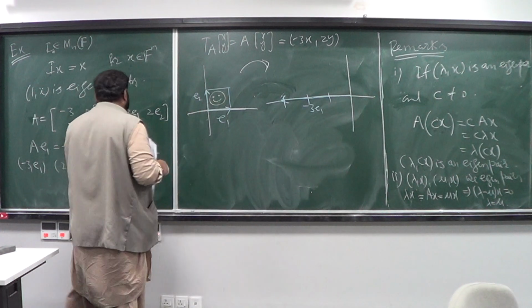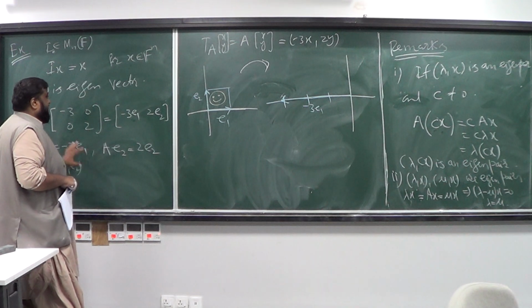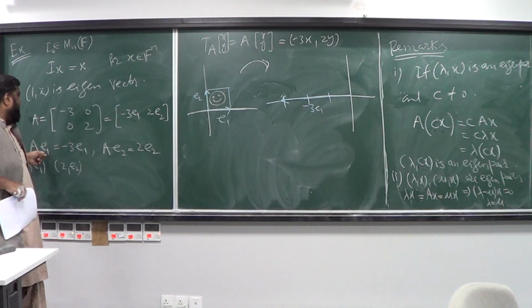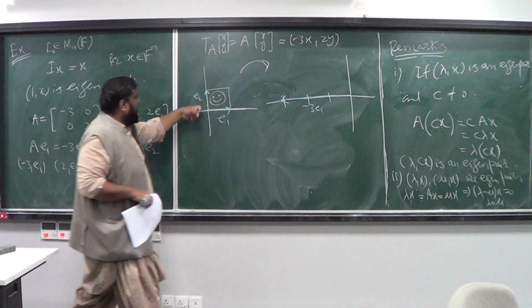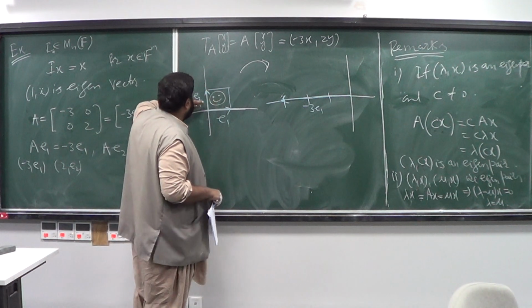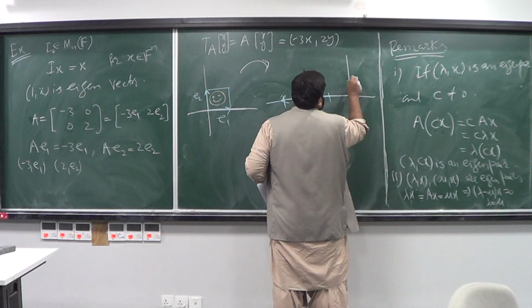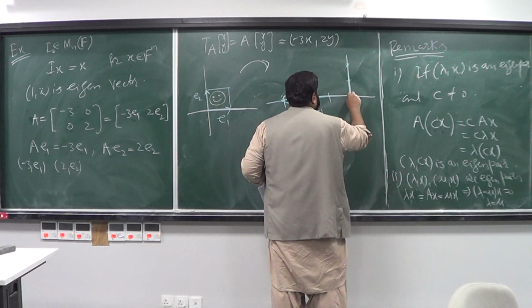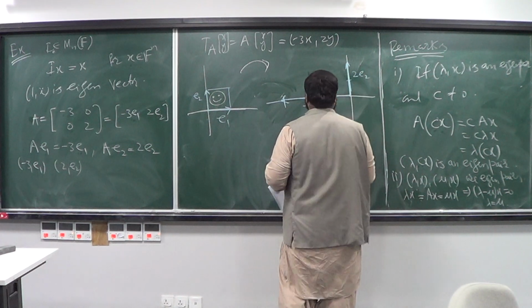So under the matrix A, or under the transformation TA, E1 is transformed into minus 3E1, and E2 would become the double. So if this is E2, this is really 2E2.